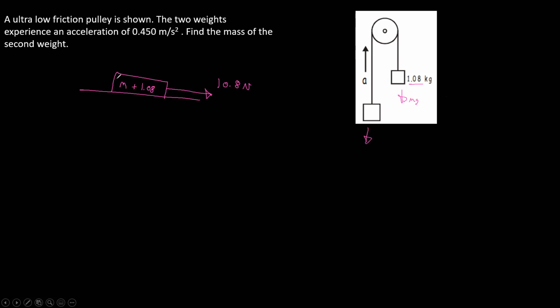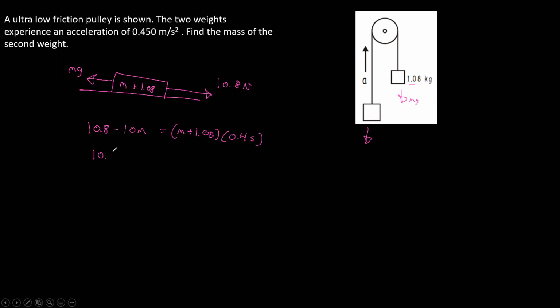And this unknown mass is getting pulled with mg, whatever that is. So right minus left, I turned it into 10m because g is 10, equals your total mass times your acceleration, which we know is 0.45.